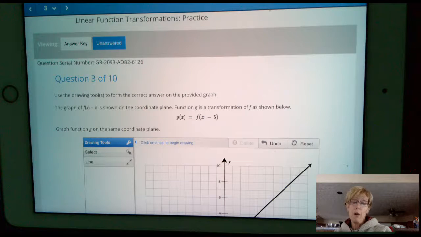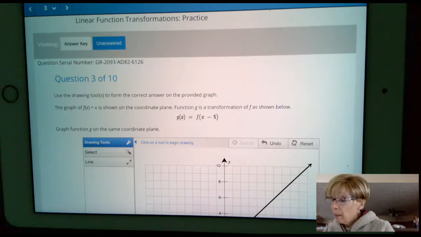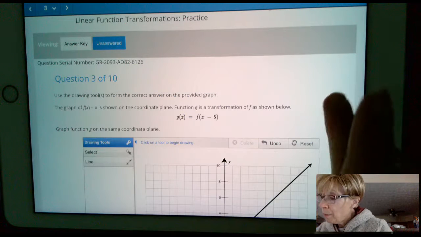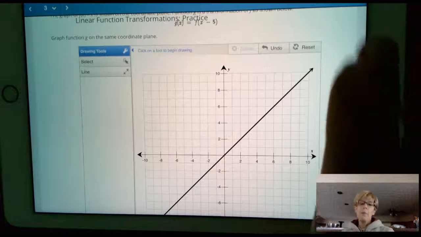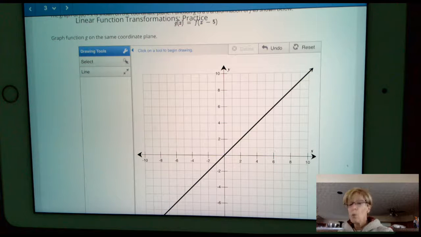And again, it is a similar problem, but it's the same picture. This is the graph of f of x equals x. By the way, f of x is the same thing as y, if you prefer.